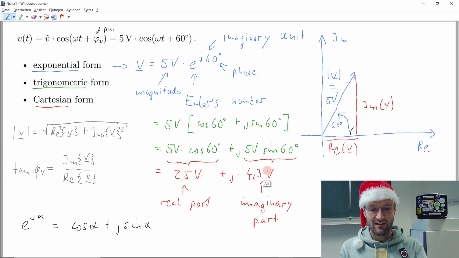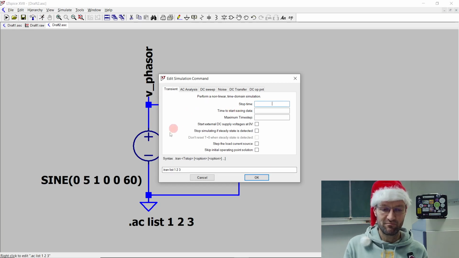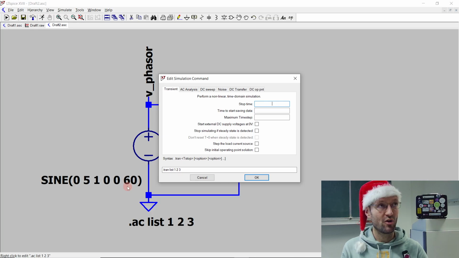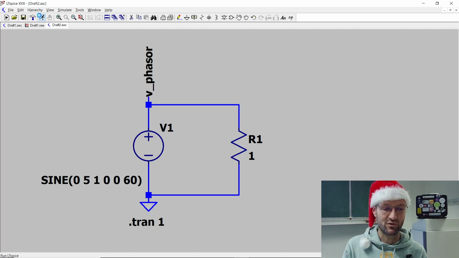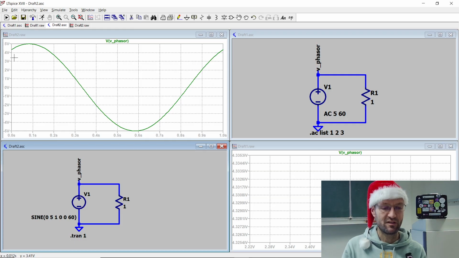And we have given a sine function. So if we calculate it for 1 second, then we should see 1 full cycle. So if I plot this, now we see 1 full cycle.